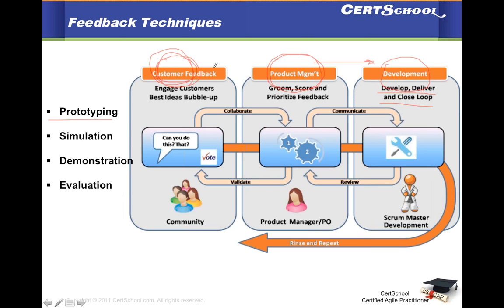Most of those stakeholders may fall in one of these three buckets. Okay. So QA engineers, they fall in the development bucket. Okay. So it's important that the feedback happens pretty seamlessly and most efficiently between these three categories.